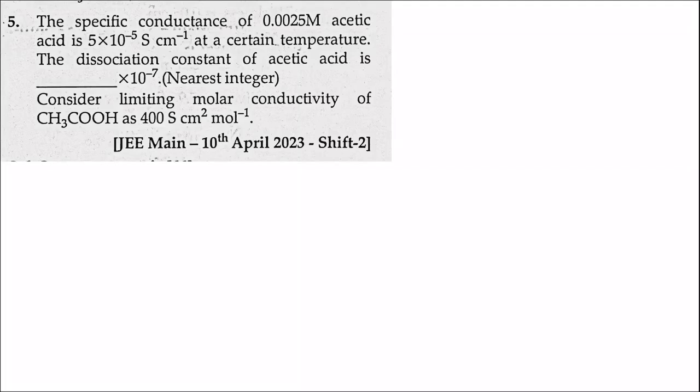The specific conductance of 0.0025 M acetic acid is 5 into 10 to the power minus 5 per ohm per centimeter at a certain temperature. The dissociation constant of acetic acid is dash into 10 to the power minus 7. Consider limiting molar conductivity of acetic acid as 400 per ohm centimeter square per mole.